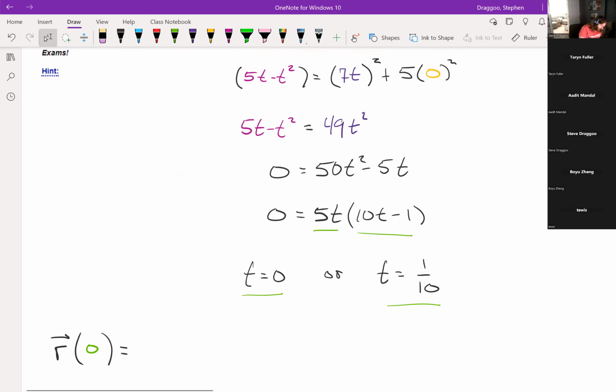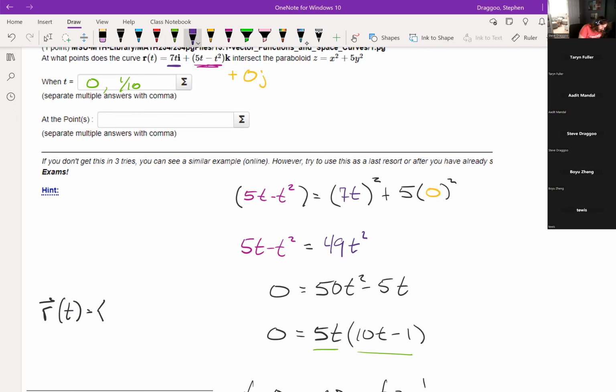I should rewrite what the equation is so I can see it on screen while I'm writing it down. R of t is the vector 7t, 0, 5t minus t squared.